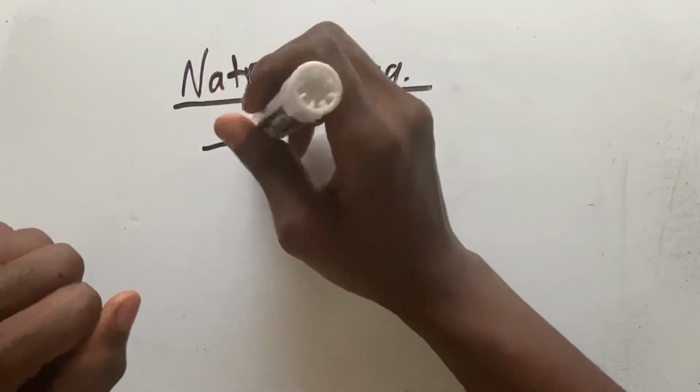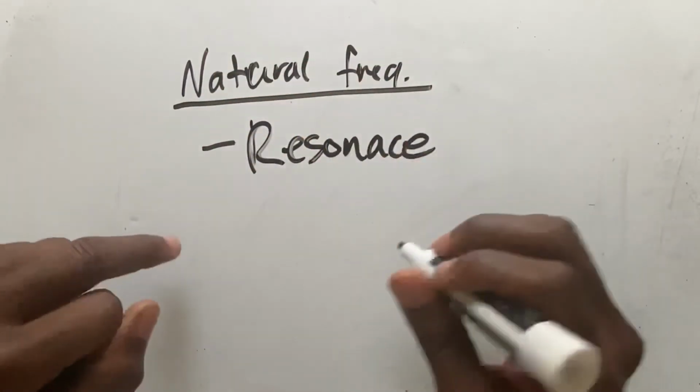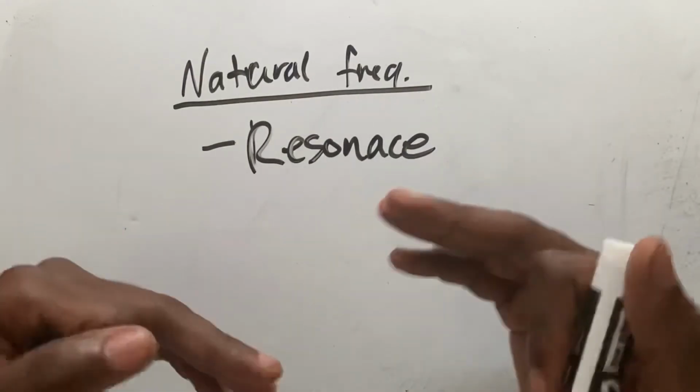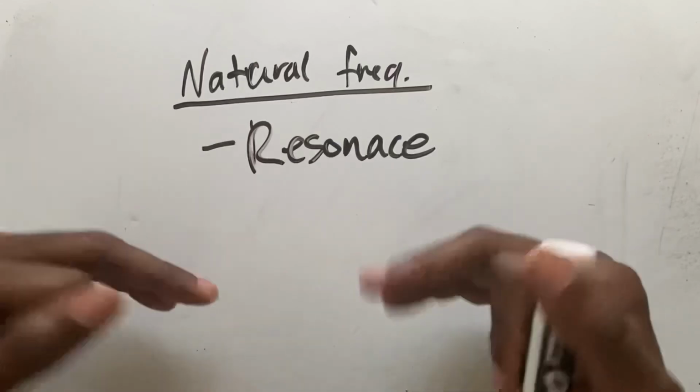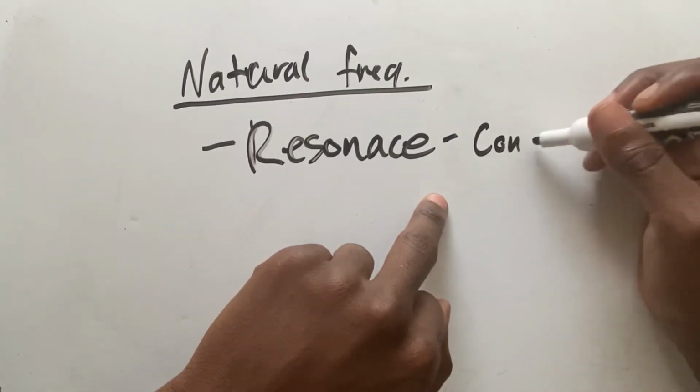So now, resonance is when two waves interfere with each other constructively. So resonance is a form of constructive interference.